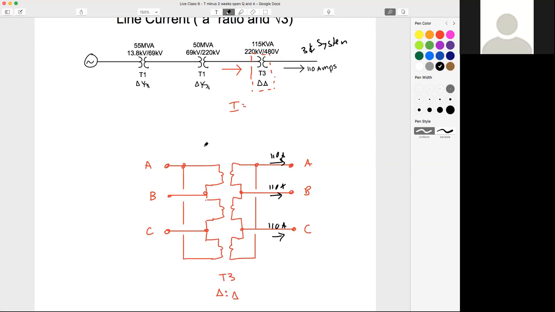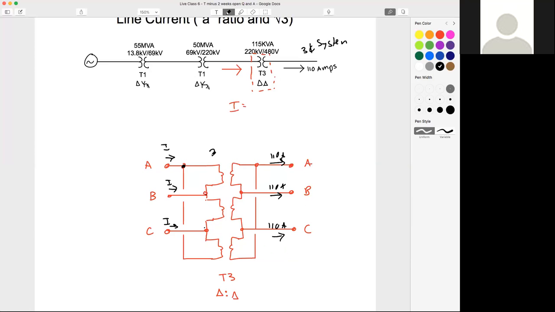Now, we're looking for this current, aren't we? So essentially, this current is entering here and here and here, right? Careful, because this would be the phase current, but we're not concerned about that.